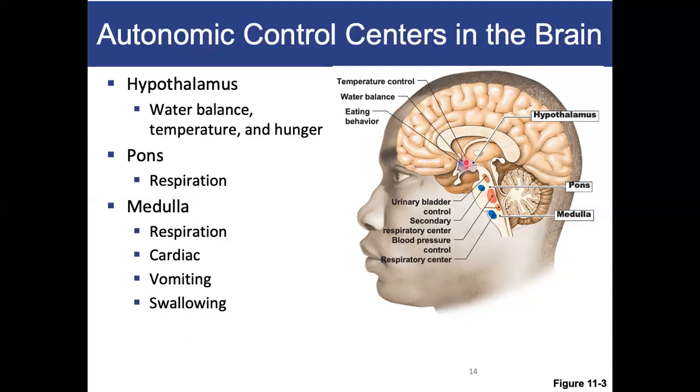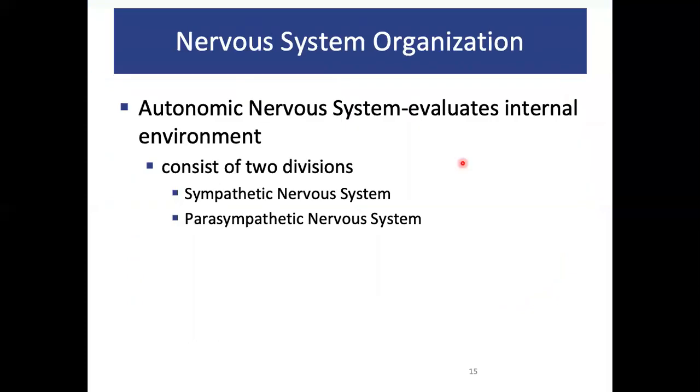And then your hypothalamus is responsible for temperature regulation, water balance, but more so think of osmolarity of blood, and then eating behavior. And your pons oversees respiration and urinary control.